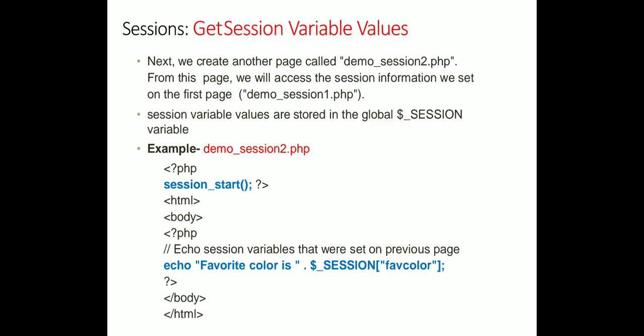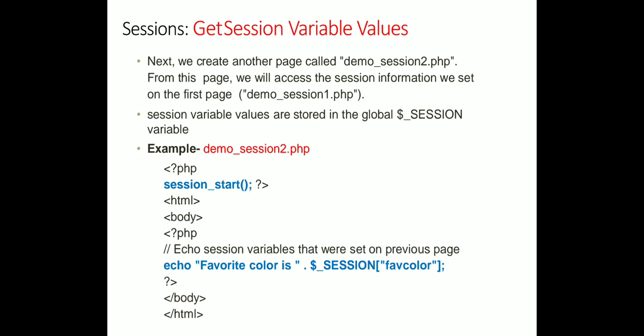Now sometimes you have to use the variable values in a bigger program. Getting session variable values is for creating another page, for another demo session. So next we will create another page called demo_session2.php.